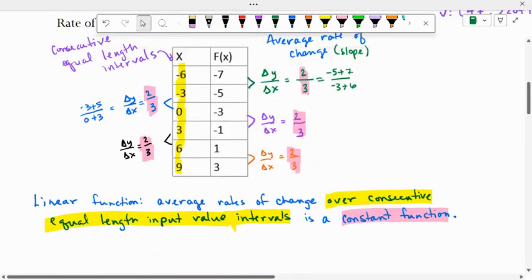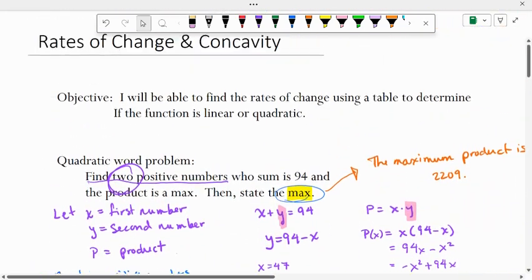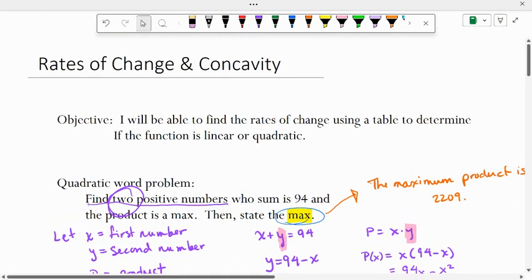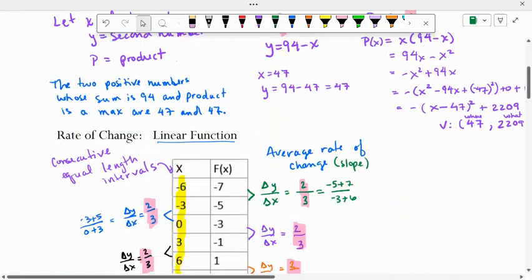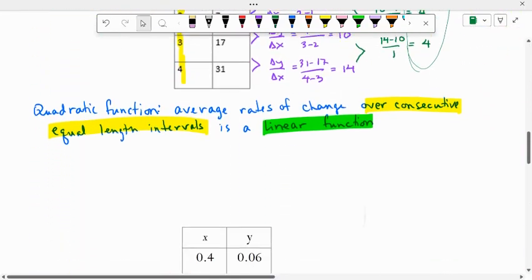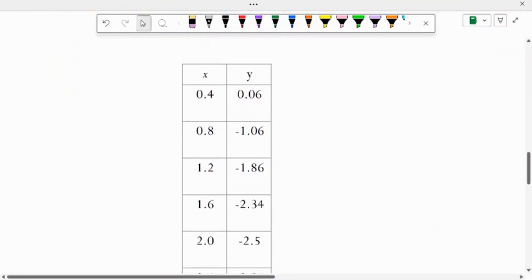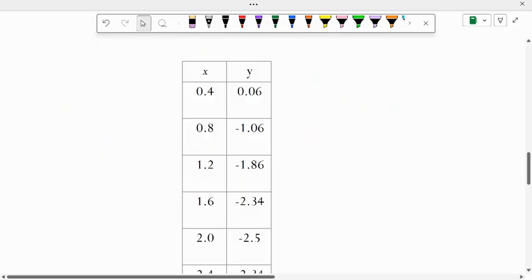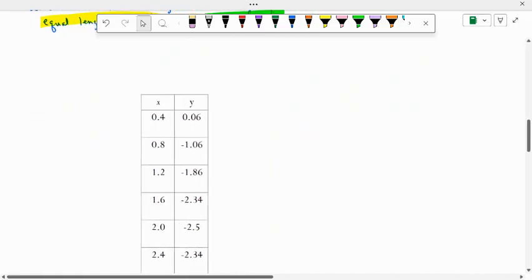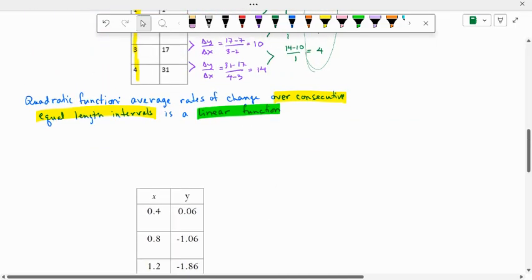Now, I said we were looking at rates of change and also looking at concavity. So concavity deals with the curvature of a function. So if I have a quadratic, let's just say some quadratic function.